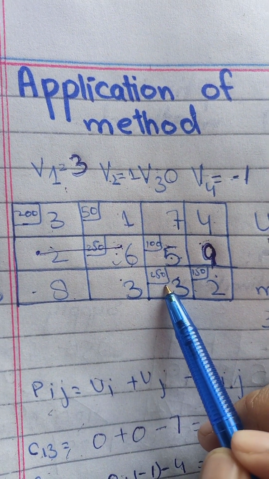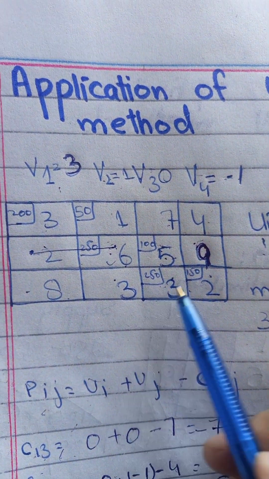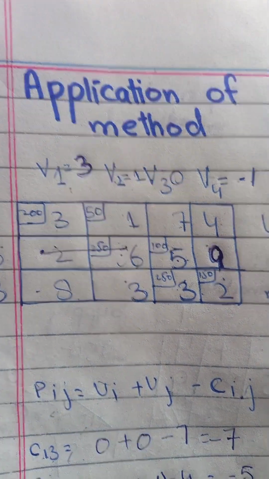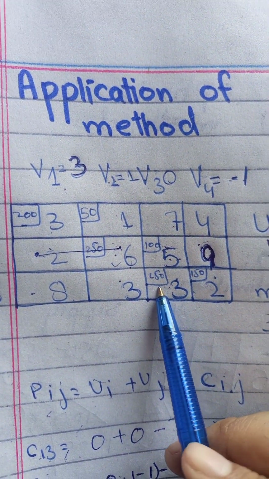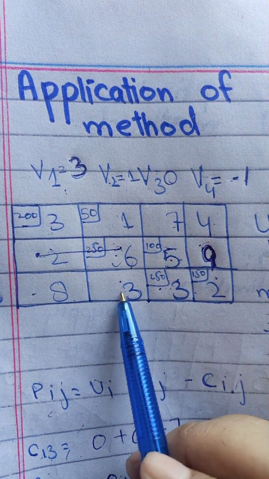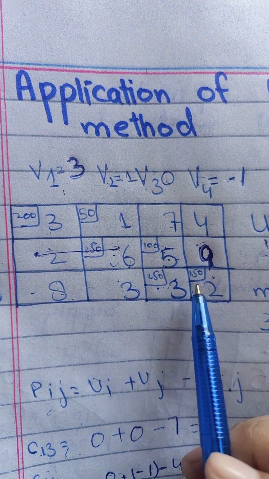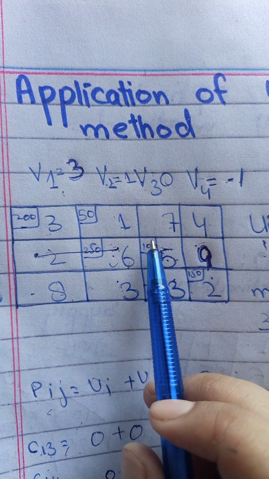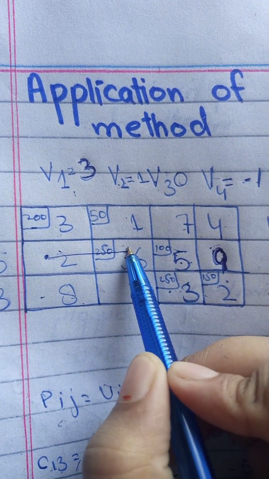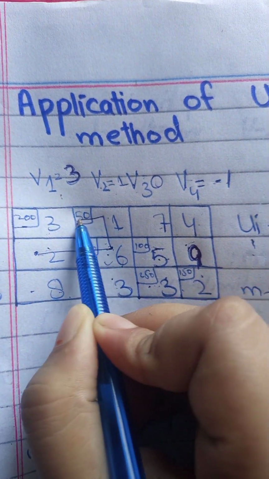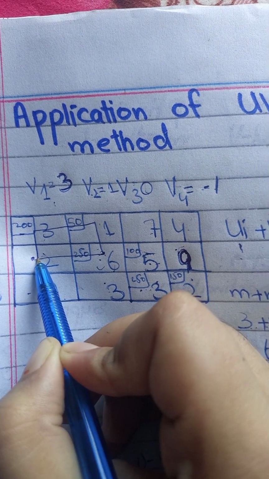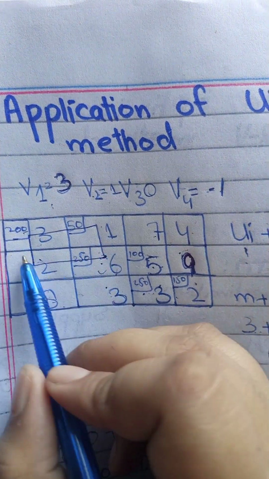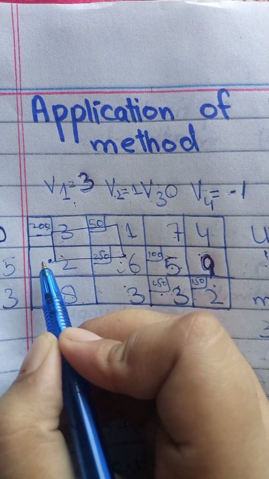We can move below, but same, we cannot move here left or right. We need a closed loop for the next procedure. So we will travel here and then here and then here. We make a closed loop there.